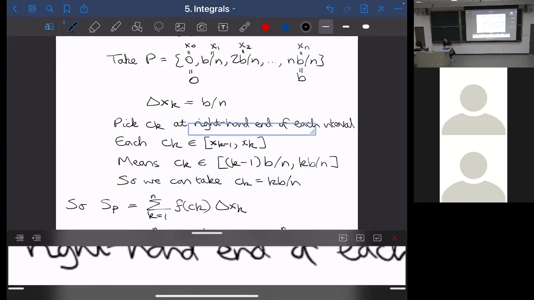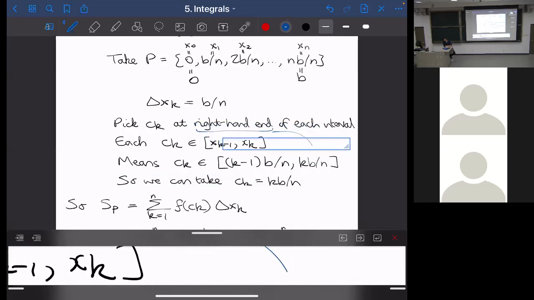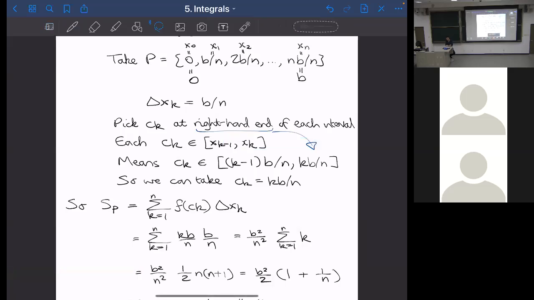That's what I mean by the right-hand end. So the right-hand end is this number here. We could also take the left-hand end and we would get the same limit. Right. Okay.